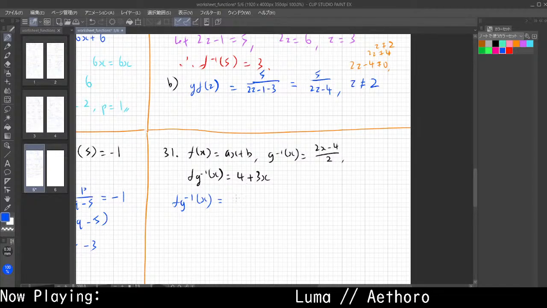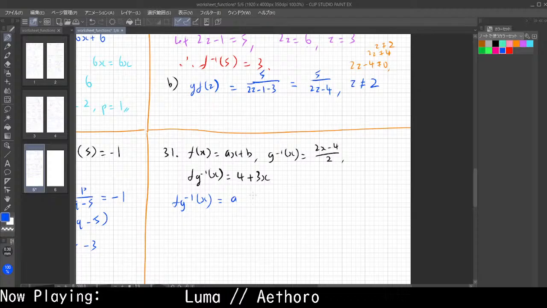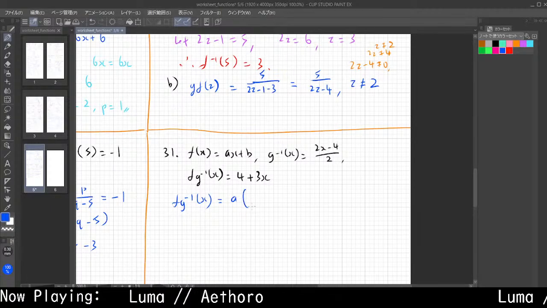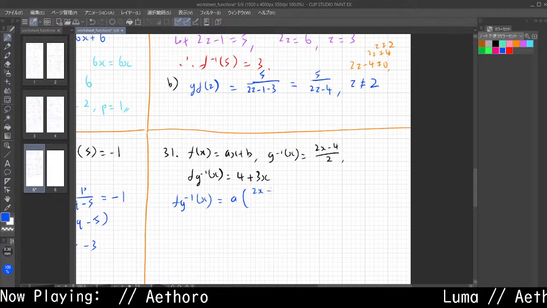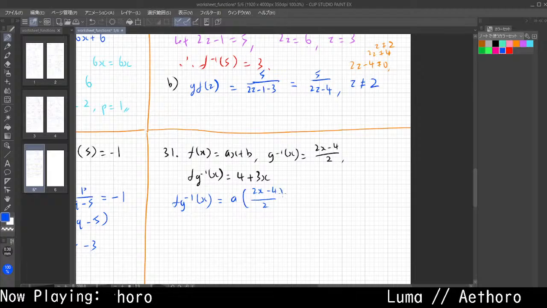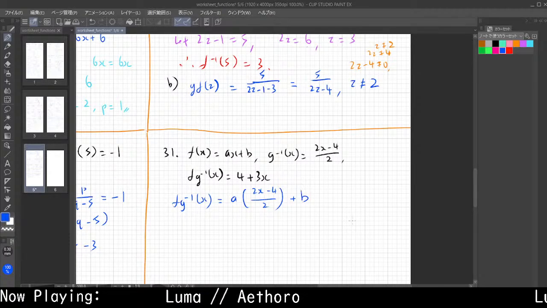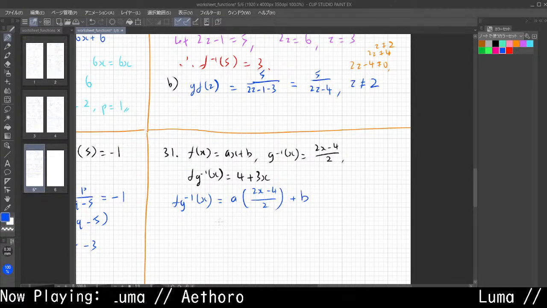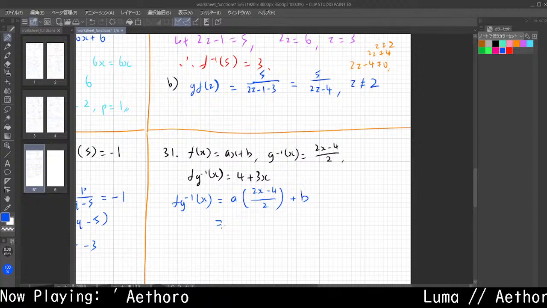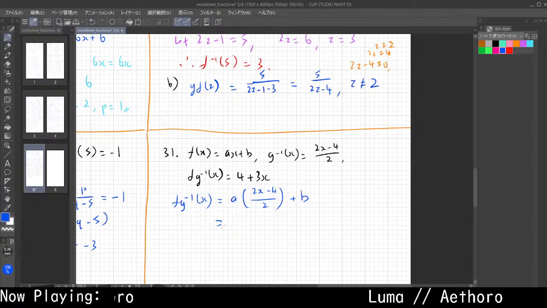So ax plus b, but x gets replaced by g inverse, so a bracket 2x minus 4 over 2, plus b. You can rearrange this first, and this is simplifiable.